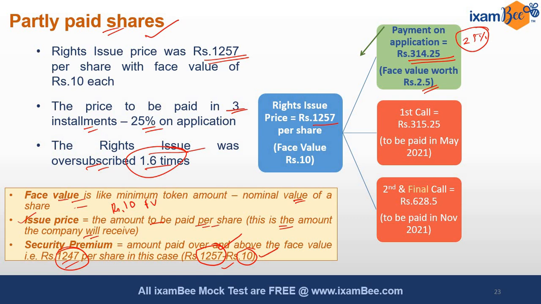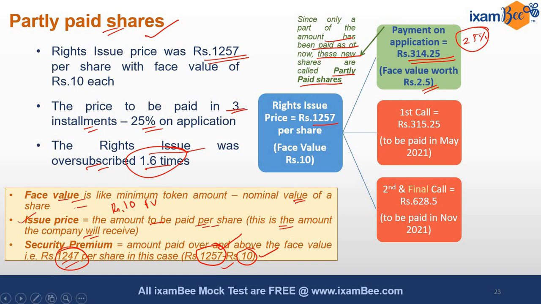Because these are partly paid shares, a part of the amount has been paid as of now. Therefore, these shares are called partly paid shares. These are listed separately. I am going to tell you that also. But first understand that this payment is happening in 3 installments. The first installment is this, which has already come to RIL.